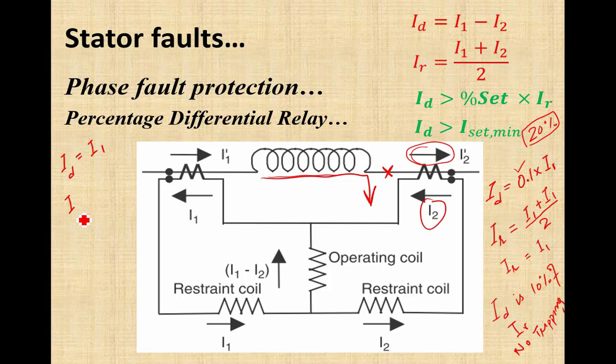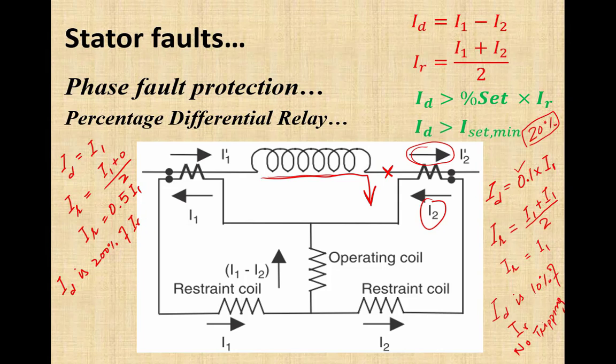And what is the value of IR? That will be equal to I1 plus 0 by 2. We can say the retaining coil current will be 0.5 of I1. Now next, how much is the value of difference current with respect to the retaining coil current? This time difference current or operating current is double as compared to retaining coil current, 200% of retaining coil current.